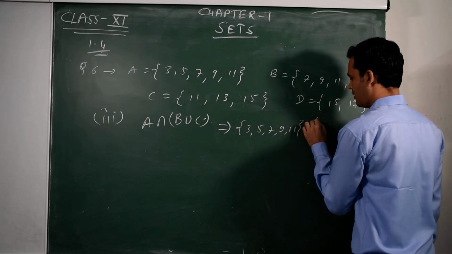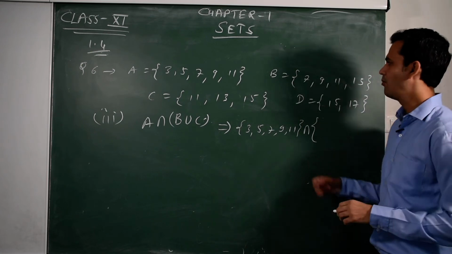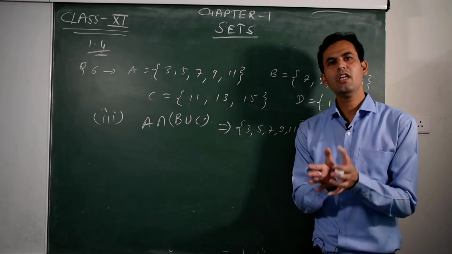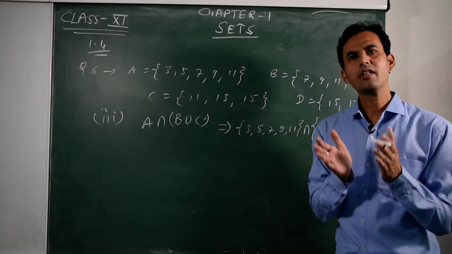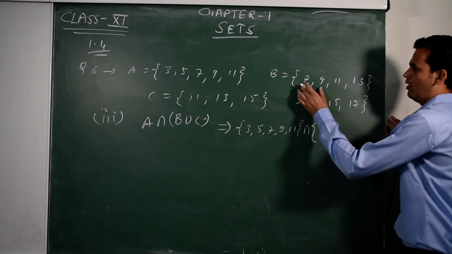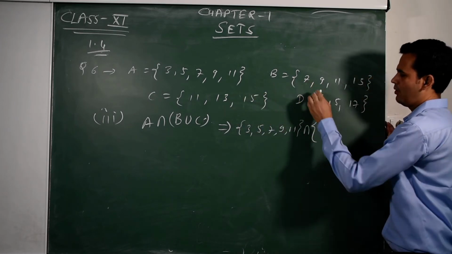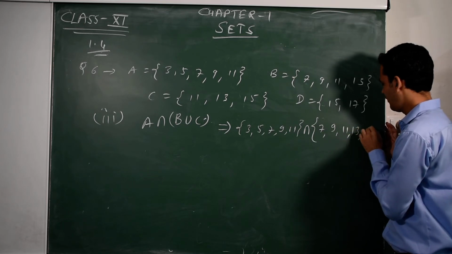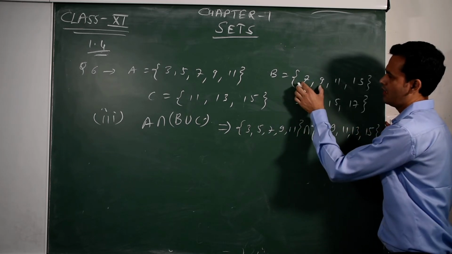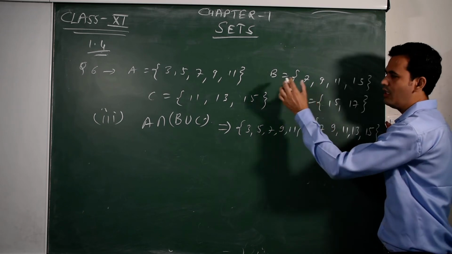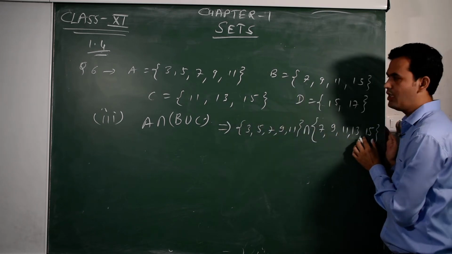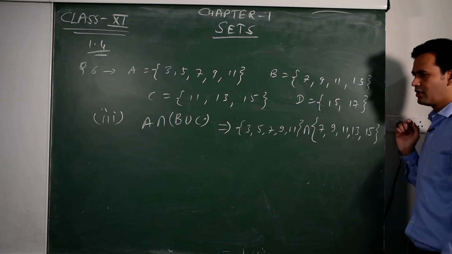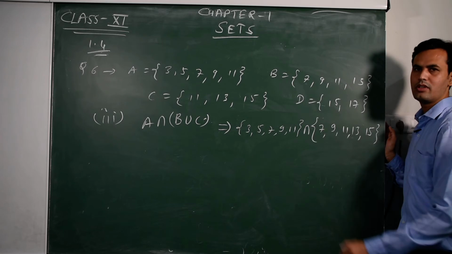A intersection B union C. B union C. Union means all elements of B, all elements of C, and common elements we write only one time. Therefore, B union C has 7, 9, 11, 13 and 15, because 7 and 9 are elements of B, 15 is an element of C, and 11 and 13 are common elements of B and C. So this is the set B union C.